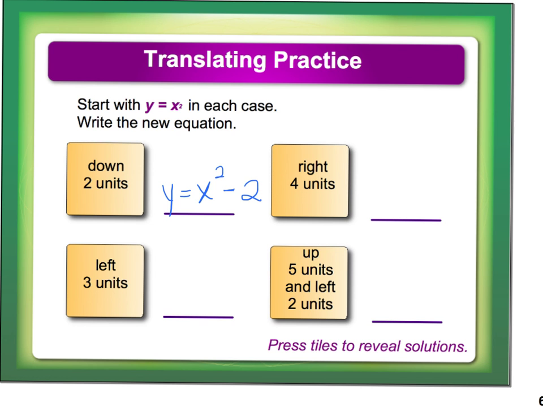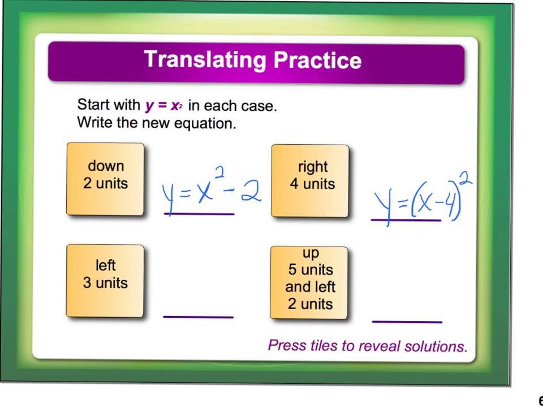So a parabola that is shifted right 4 units will have x minus 4 inside parentheses. Left 3 units again goes inside the parentheses. Remember, horizontal movement happens inside parentheses, and left is counterintuitive, so that would be a plus 3 for 3 movements left, and then squared.